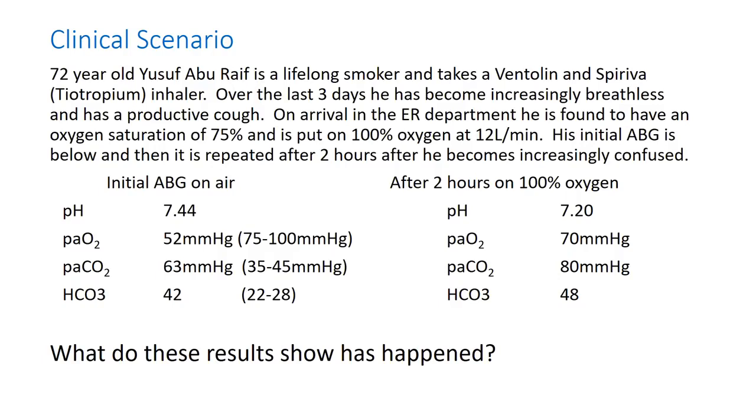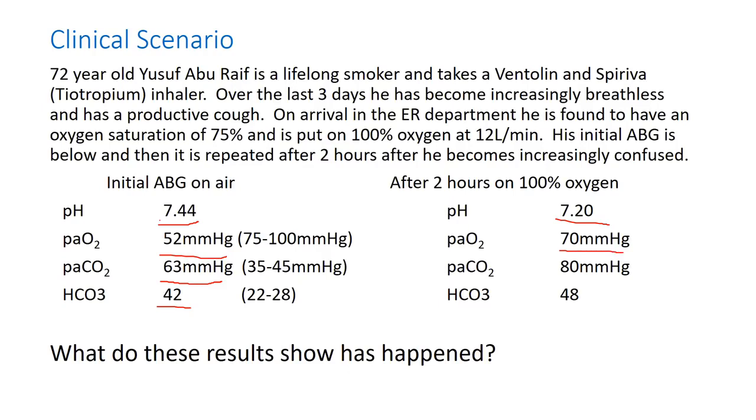So notice when he first comes in, before he has the oxygen, he's hypoxic, so therefore you put him on the oxygen. He's got a normal pH, but already he's retaining CO2, so he's got a chronic hypoxia and he retains CO2 at this moment. He's got already some compensation from the metabolic system maintaining his pH. After 2 hours, look what's happened to the pH. It's dropped, it's become acidotic.